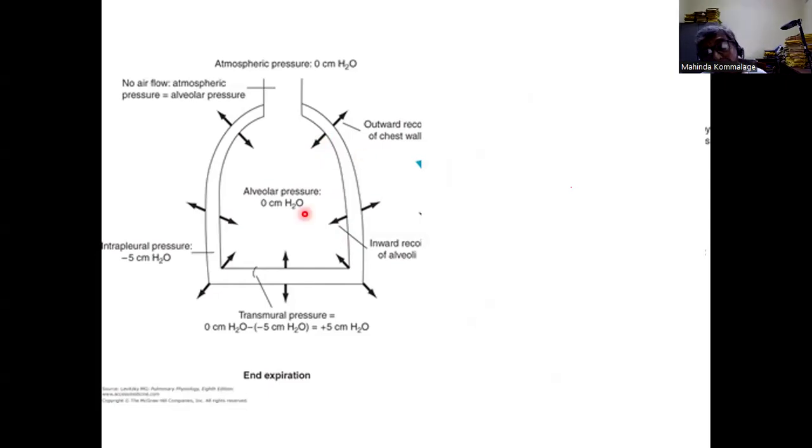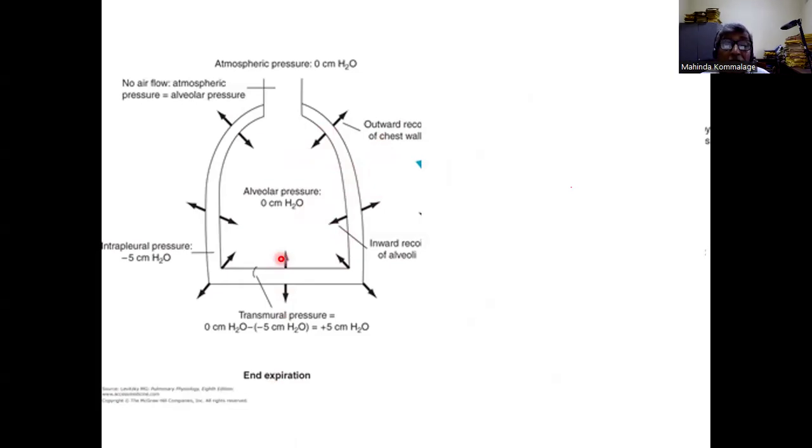And lungs come to the end of the expiration, ready for the next inspiratory cycle, right? This recoil pressure of the lungs and some very small outward recoil pressure of the chest wall balance at the end of the expiration. Of course, the lung is collapsed. Lungs are small, and that is the end of the expiration, right?